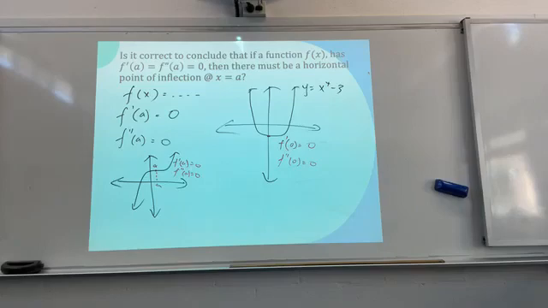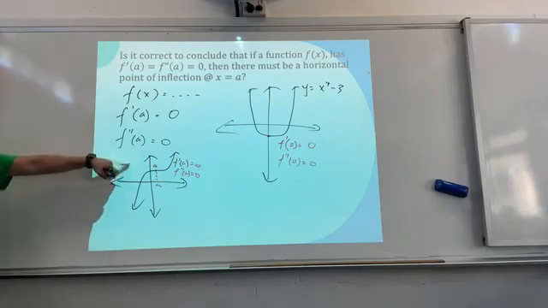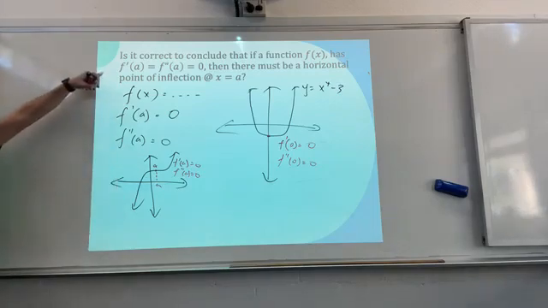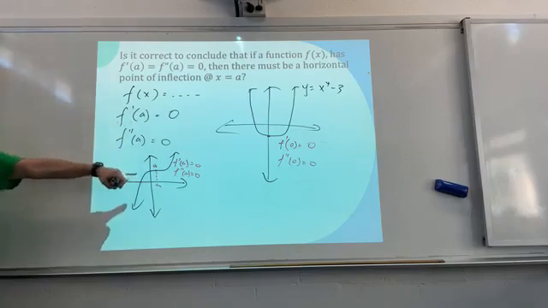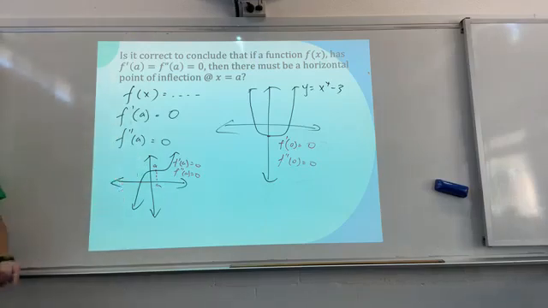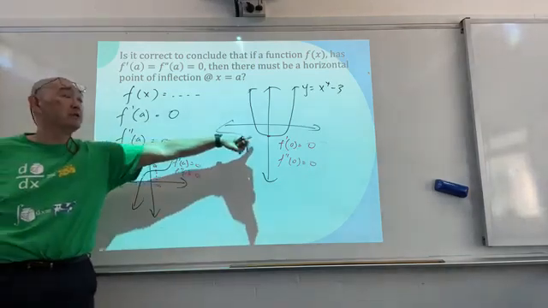So I can't say for sure. I don't see a lot of situations where the second derivative is 0, not a lot of situations I have to deal with. But just remember, generally it is true that if the first derivative and second derivative are 0, it is a horizontal point of inflection. But in this sort of situation, it is not.